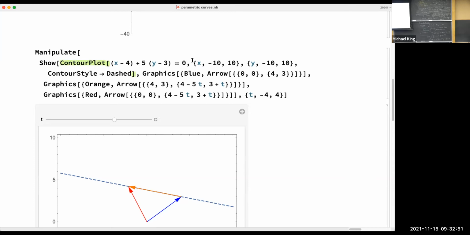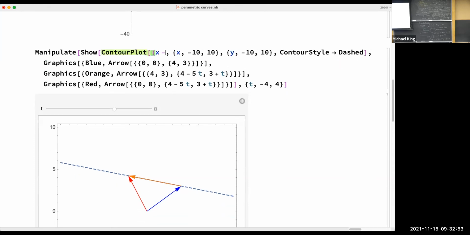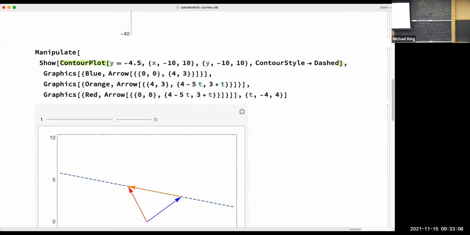Okay, we have an equation. What was the equation for that line? Negative 4.5x plus, what was it, 41 halves?